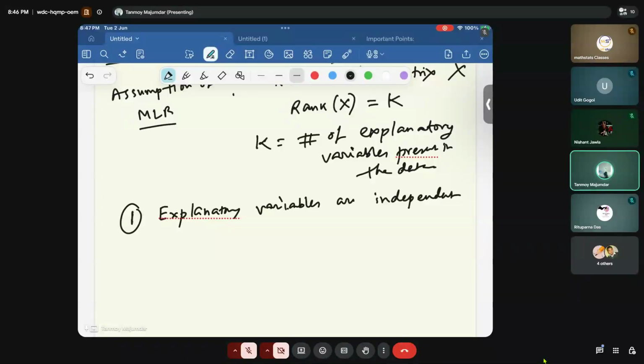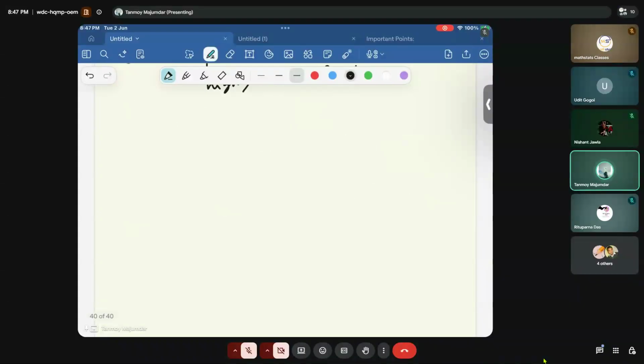If they are highly correlated, there is a chance of high multicollinearity. We will see how to check this. First of all, we start with y equals X beta plus epsilon.